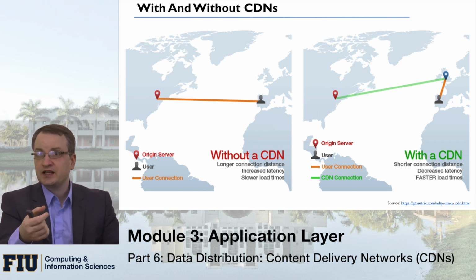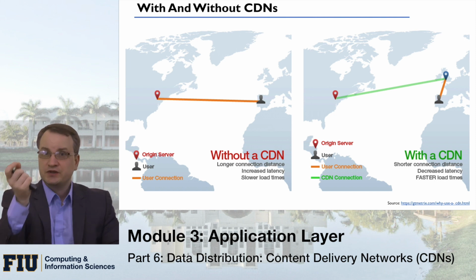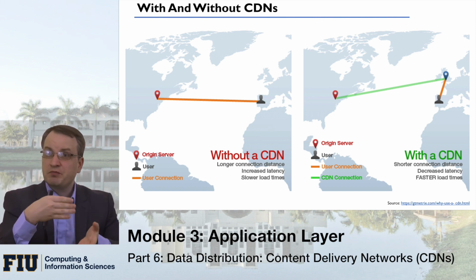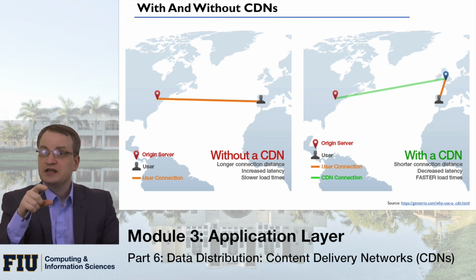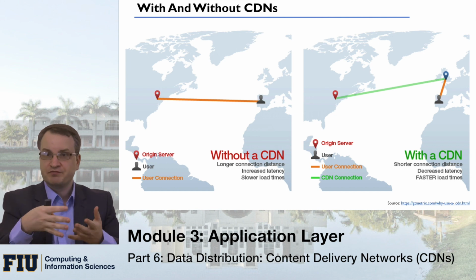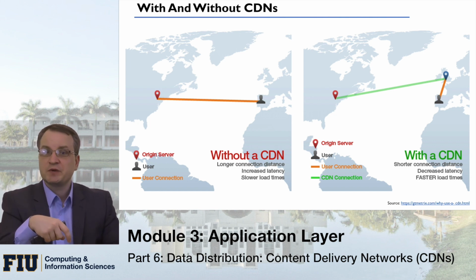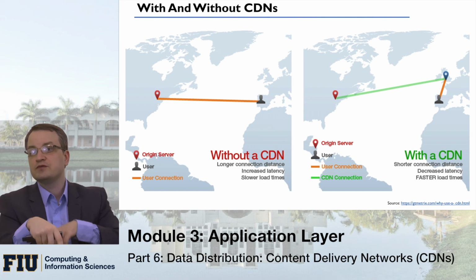Versus if you have a CDN, and the CDN either replicates or has some internal communication with that far away server, it is still better from the client perspective to have a very short RTT connection to the local CDN box to retrieve all the heavy, very big information, versus going far away.